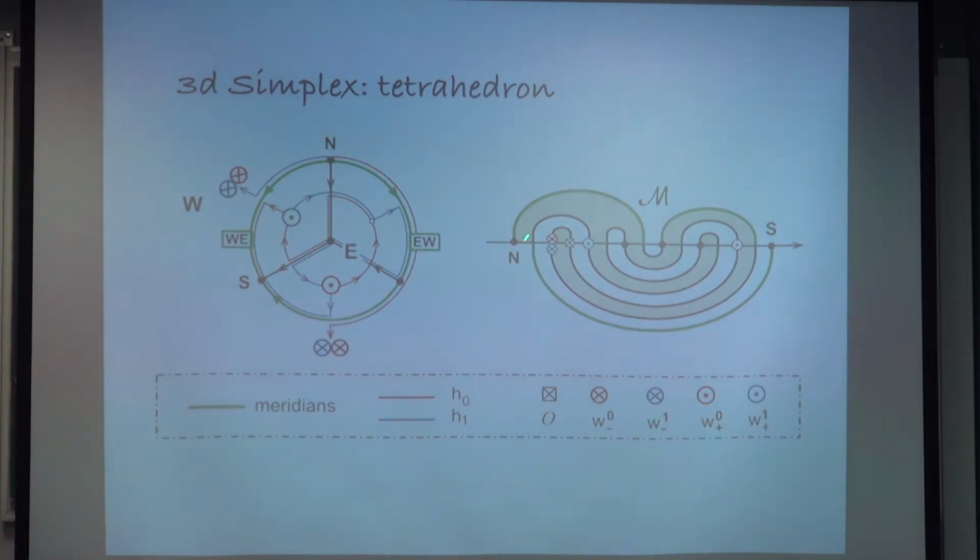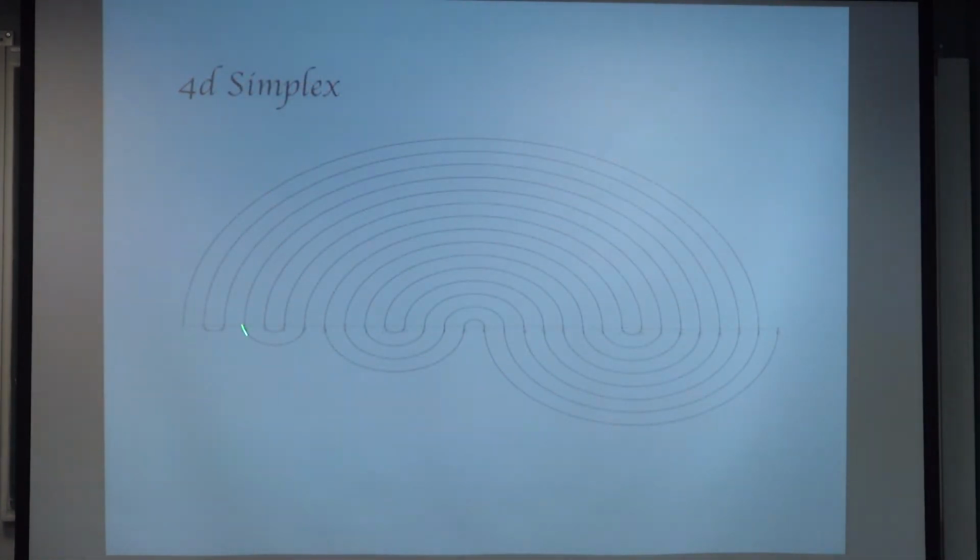Here's another example with 15 equilibria. That's the solid tetrahedron. The tetrahedron has only 4 corners, but I have to add the corners and the faces and the edges and the center thing because it's a solid tetrahedron. Here's the 4-dimensional tetrahedron.